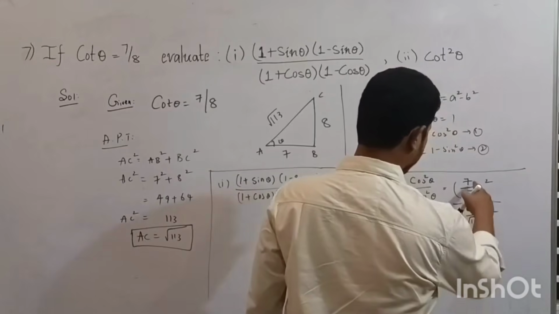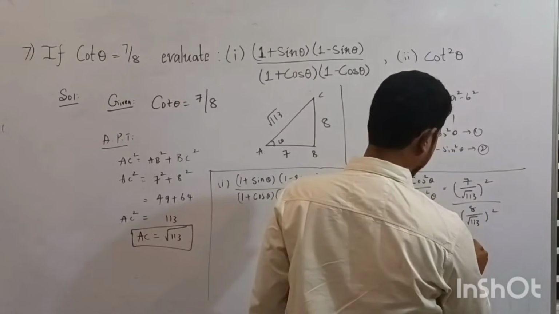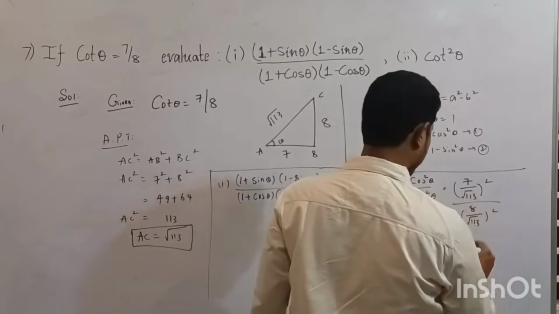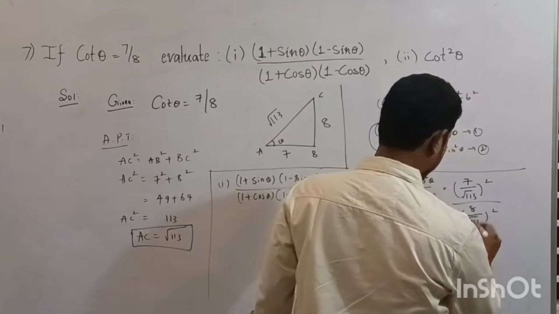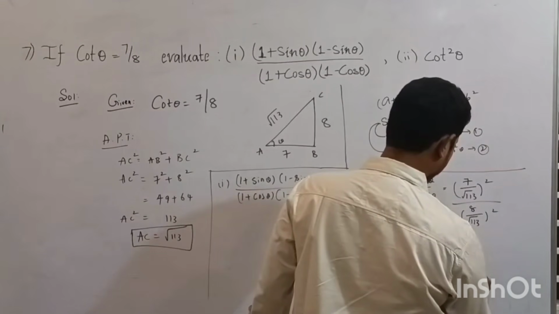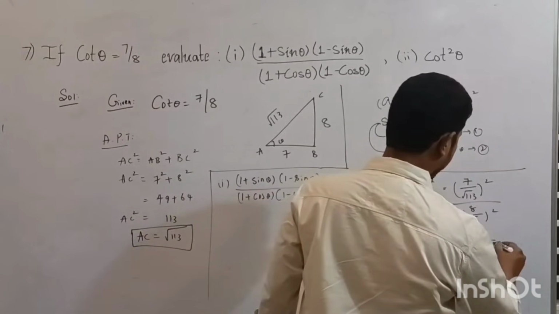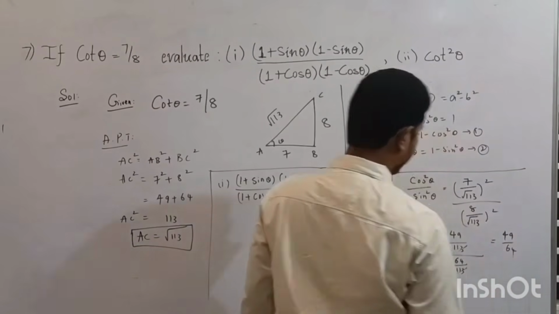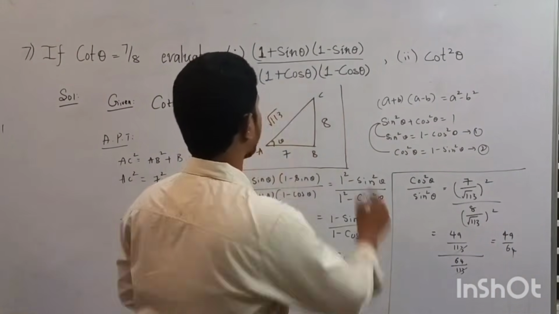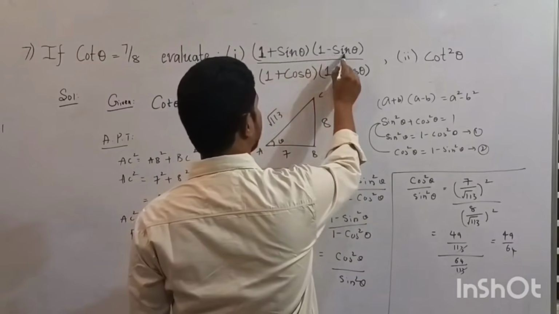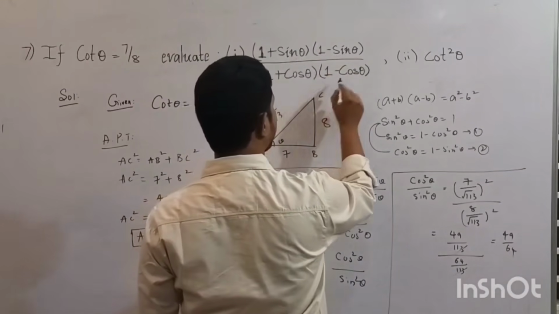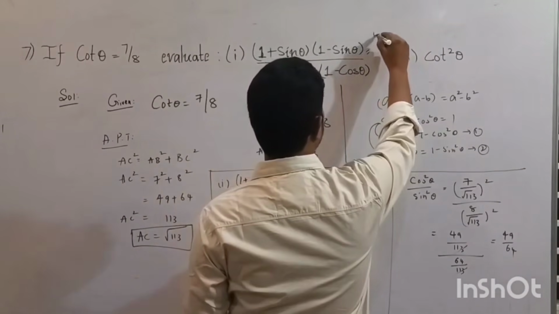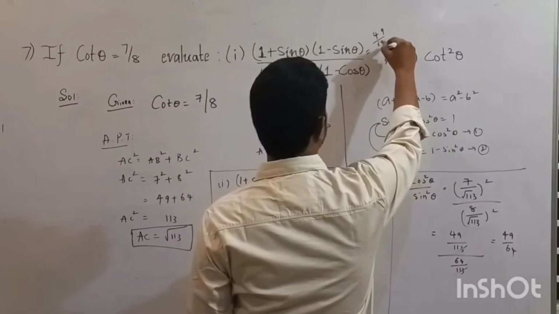Now 7 square is 49, root 113 whole square is 113, so 49 by 113 divided by 64 by 113. So the required answer is 49 by 64. The answer for the first question, (1 plus sin theta)(1 minus sin theta) by (1 plus cos theta)(1 minus cos theta), is equal to 49 by 64.